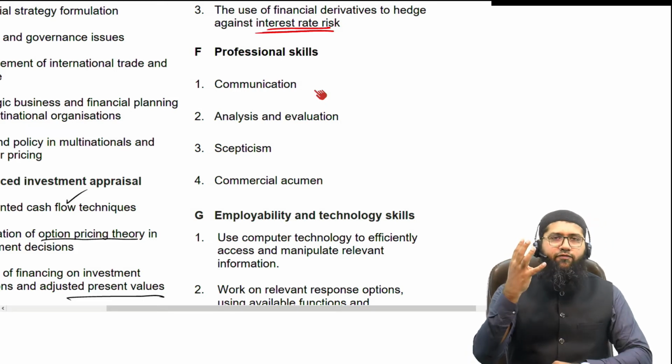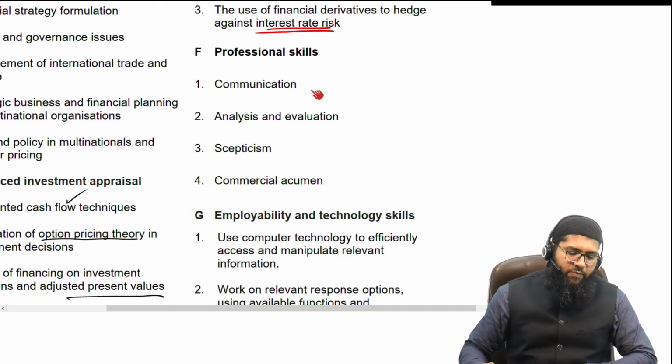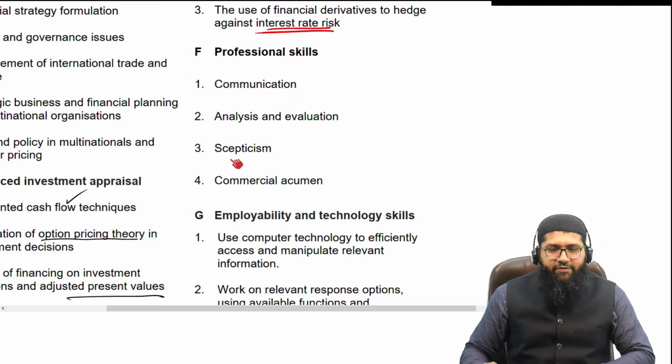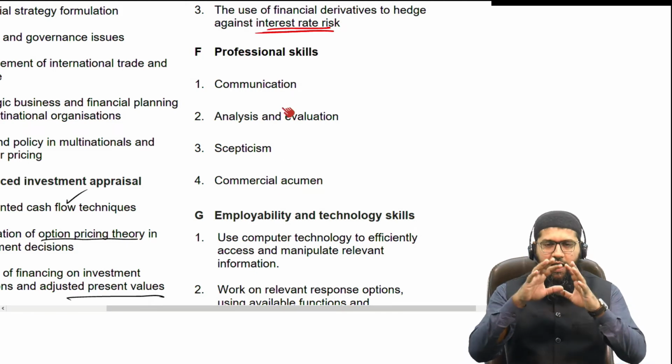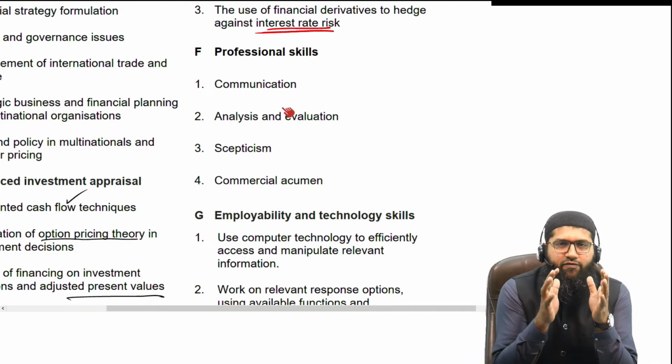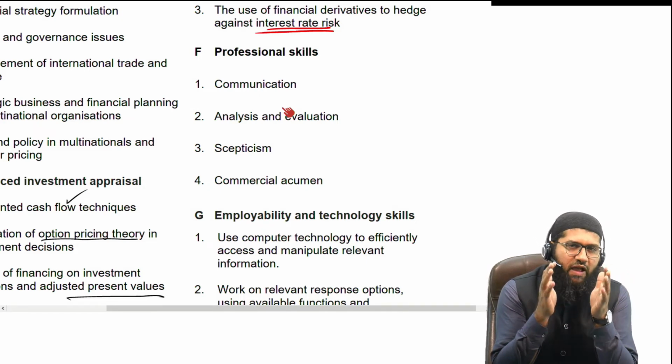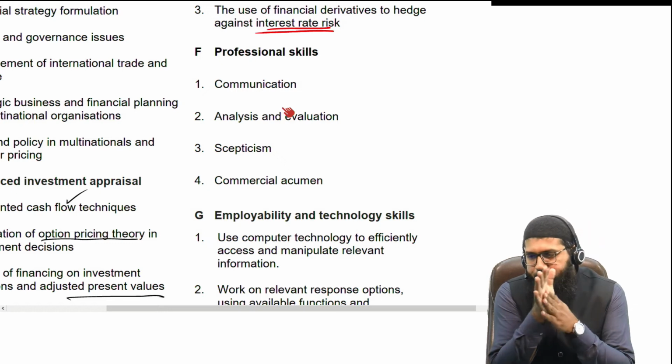Now what are these 4 professional skills? You could see that this includes communication, analysis and evaluation, skepticism, and commercial acumen. Let me just give you an idea of what exactly these 4 skills are. Then I'm going to tell you how these 4 skills are going to be examined in the paper.